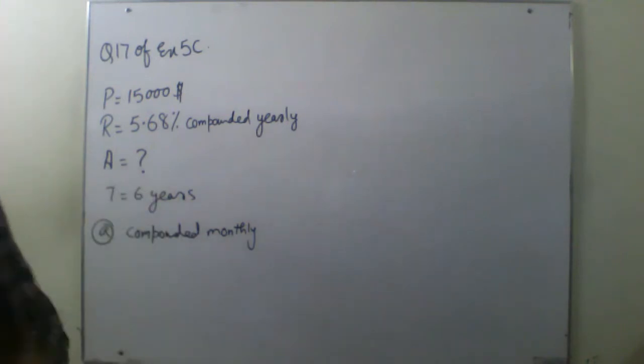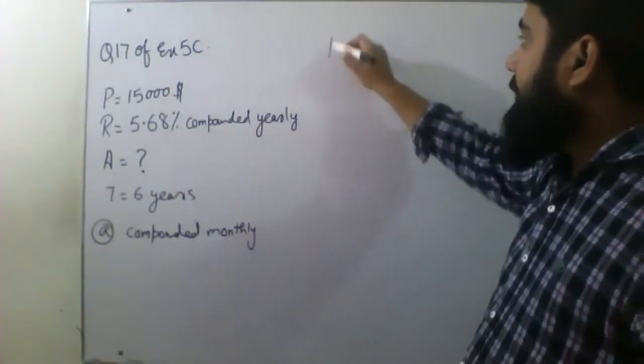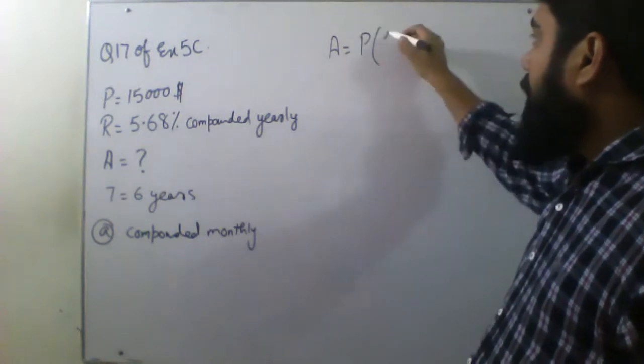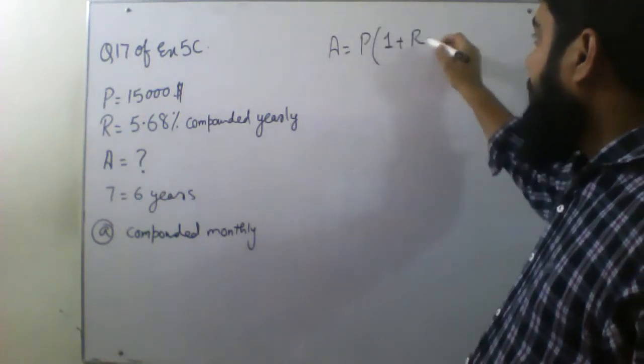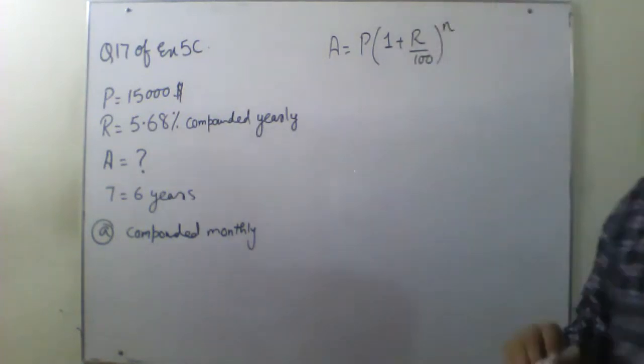So how will you solve this? That's the most important part. The formula is A equals P times 1 plus R over 100, whole power n.